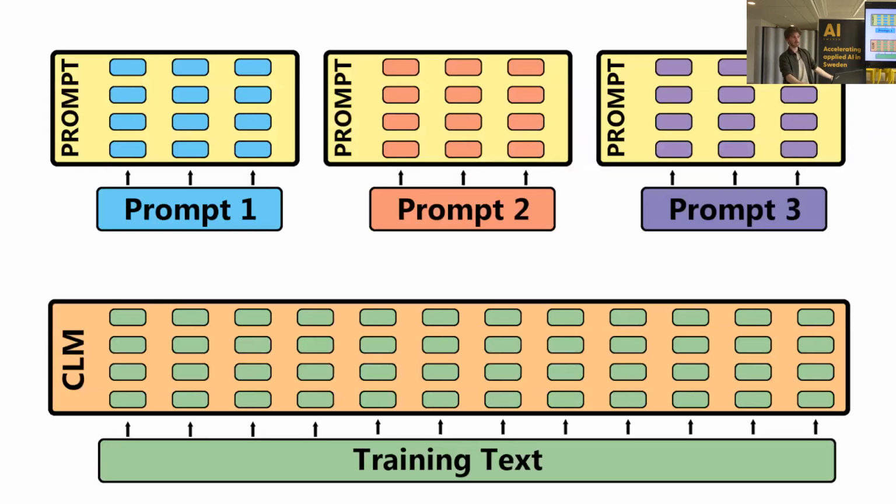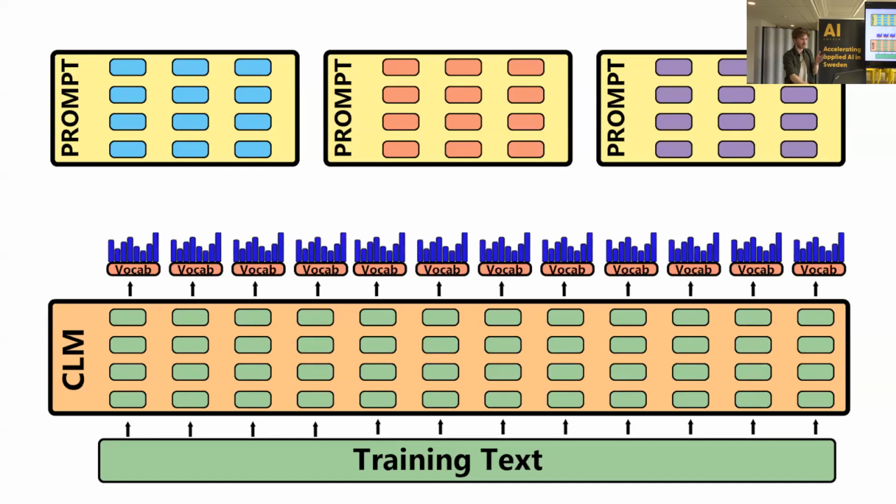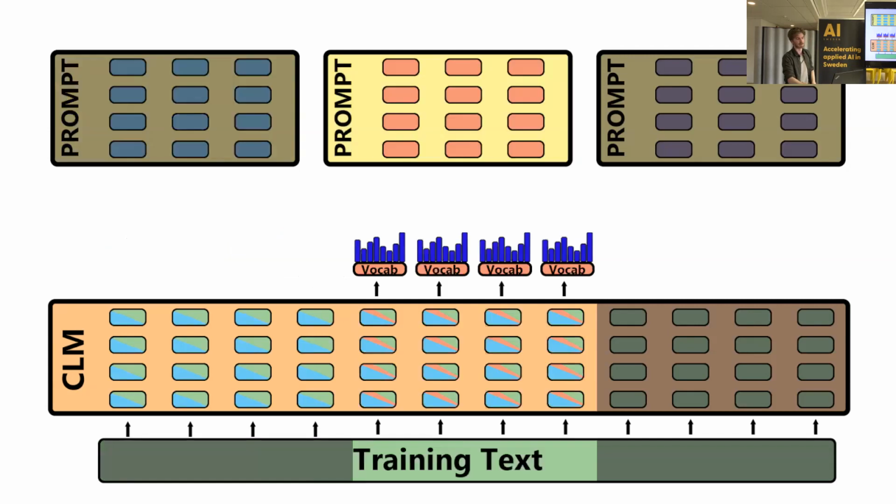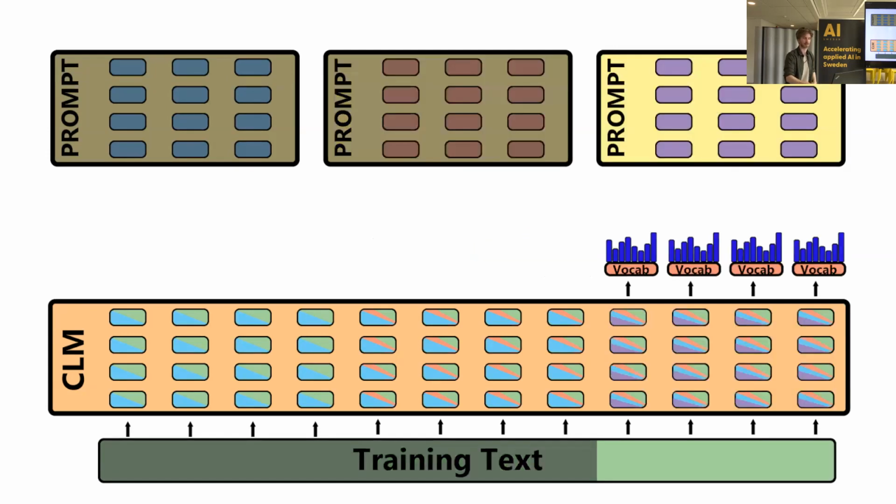The way we do this is that we have a long training text, and we can generate multiple prompts at arbitrary points for this. And we train the model so that at the first part of the text, it is allowed to attend to the first prompt. At maybe the second part, say the second sentence, it's allowed to attend to the second prompt, and so on.